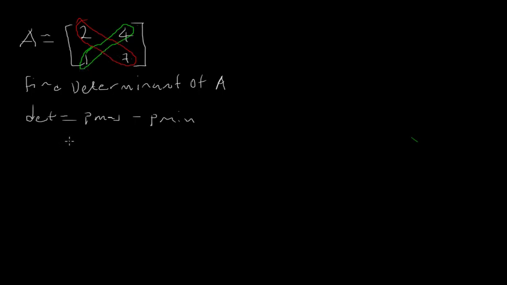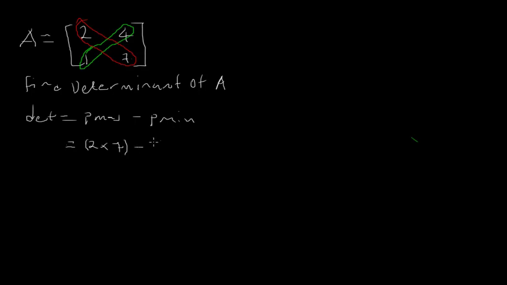So let's see what we mean. In this example, our major diagonal is 2 and 7, so the product is 2 multiplied by 7. Brackets are very, very important in mathematics. They help you distinguish your work and see clearly what you're doing.